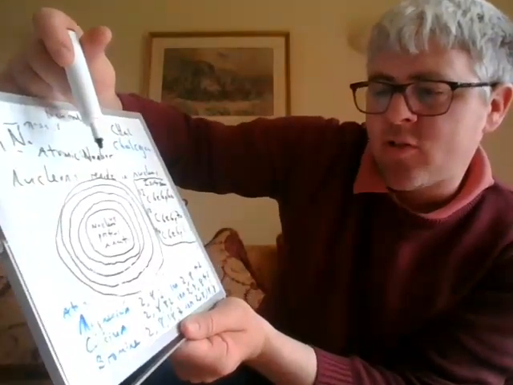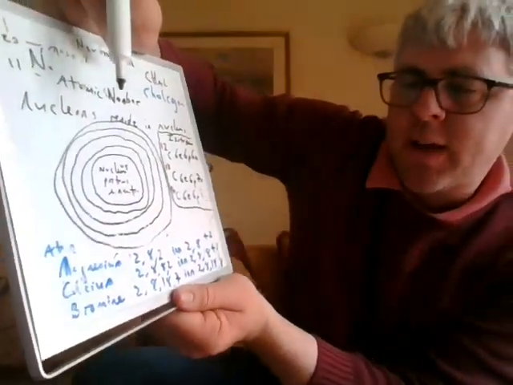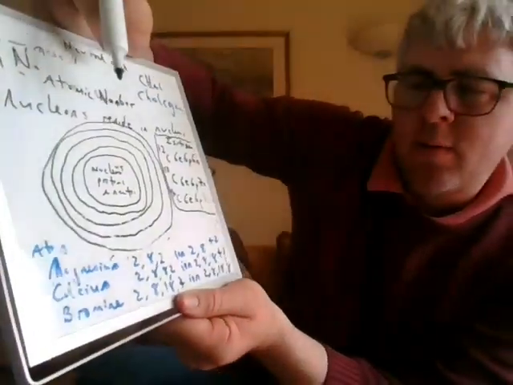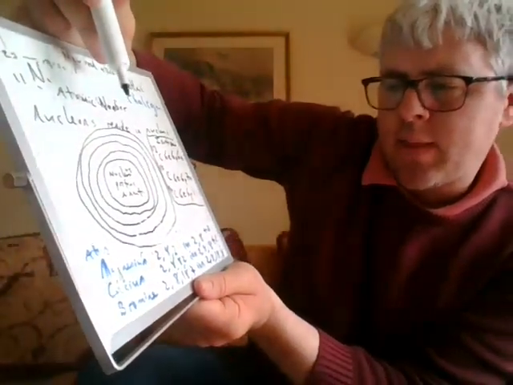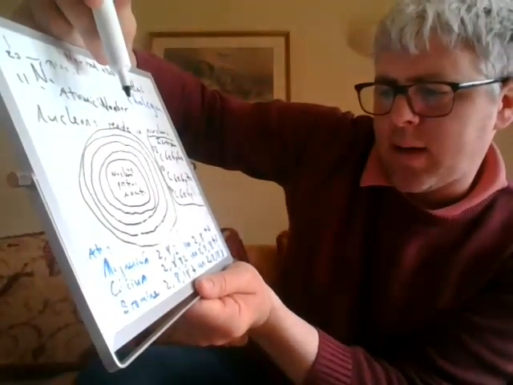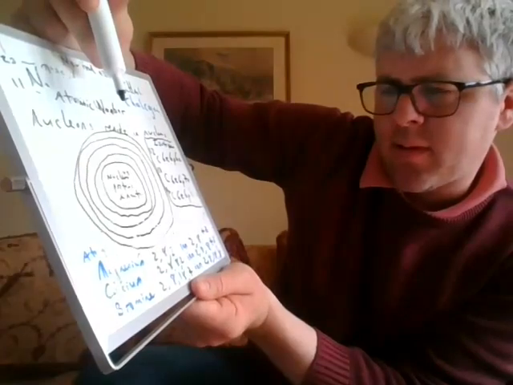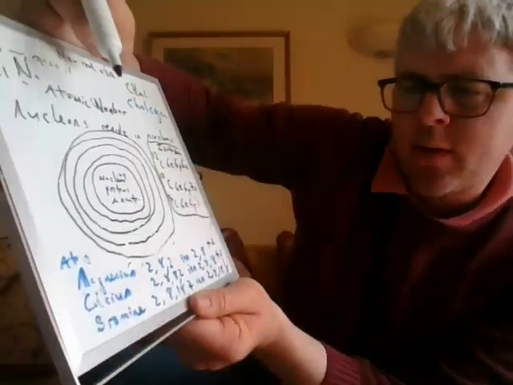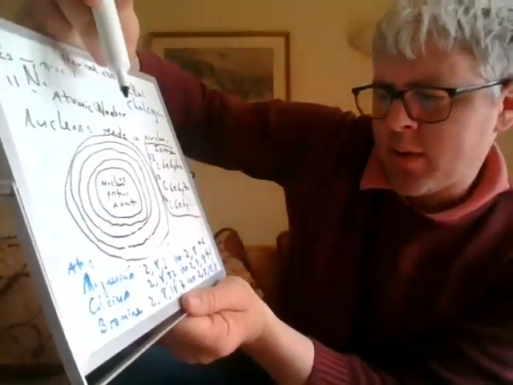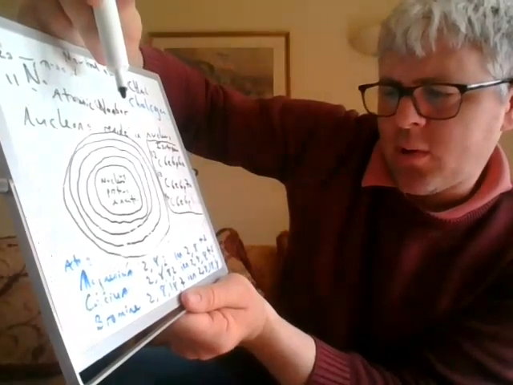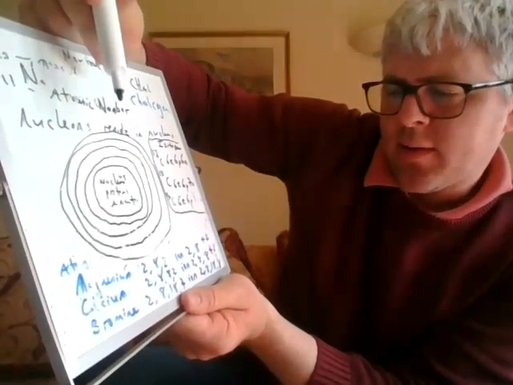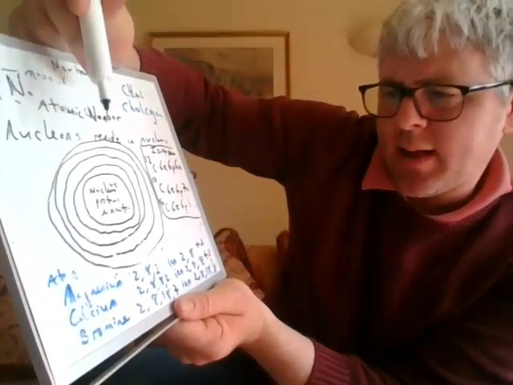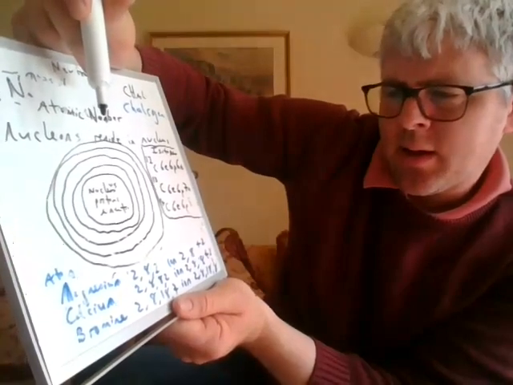And the configuration for calcium is 2,8,8,2. And then it loses the fourth energy level, so it's 2,8,8. So the ion has 18 as opposed to 20 there.